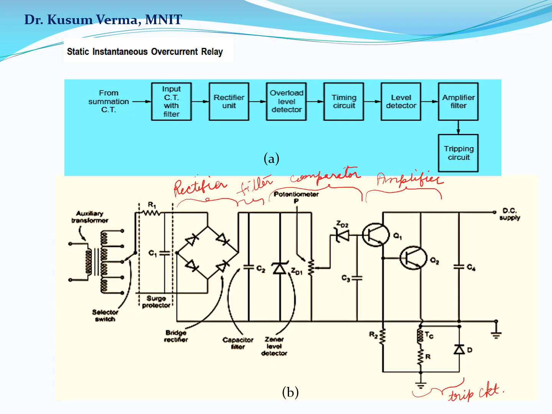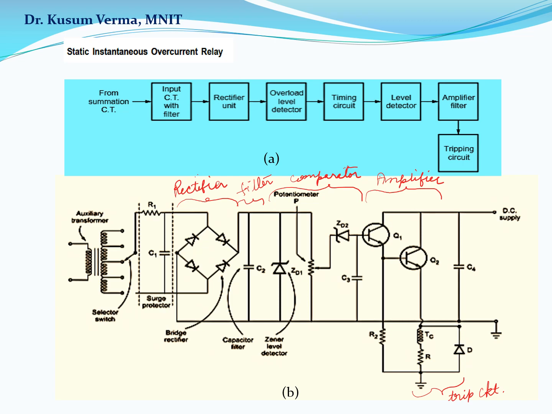The figure shows a static instantaneous overcurrent relay. The block diagram of the static relay has been shown here. The input CT is called the auxiliary CT, which has the taps on the primary for selecting the required pickup current. The output of auxiliary CT is rectified and smoothened and applied to an overload level detector and a resistive capacitive RC timing circuit.